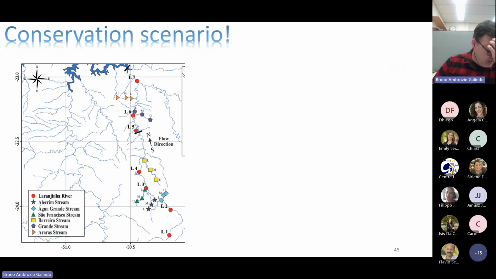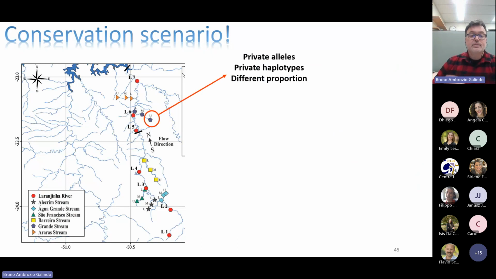But related to the conservation scenario, what I would like to highlight is that, let's say, this collection site has a lot of private alleles, a lot of private haplotypes, different proportions of alleles.